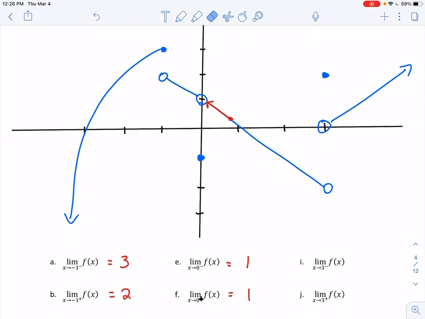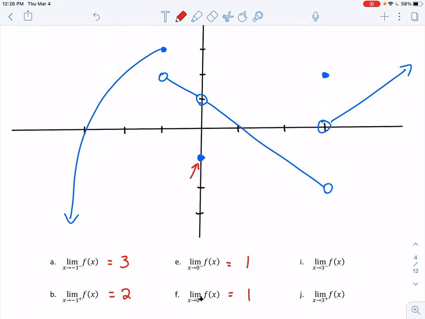So if I look at the value of the function, so far all of the points that we've looked at have revolved around this open circle right here. But we just said an open circle represents a hole, so our function does not exist there. So we want to look for any closed circles that we might have, and here we do have one right down here.